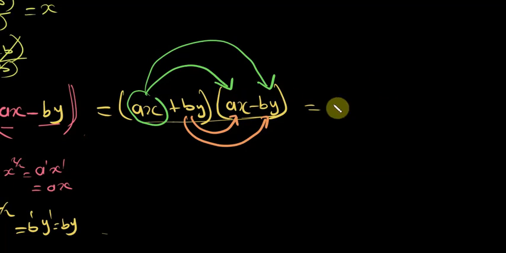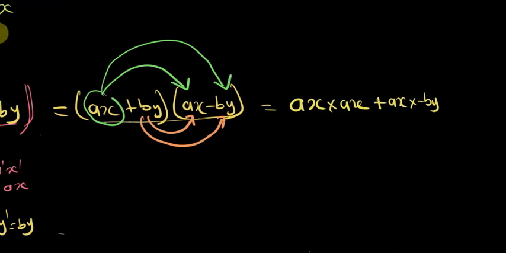ax multiplied by ax, that becomes ax multiplied by ax. Okay, plus ax multiplied by minus by. Why did I say byx? There's no byx here.